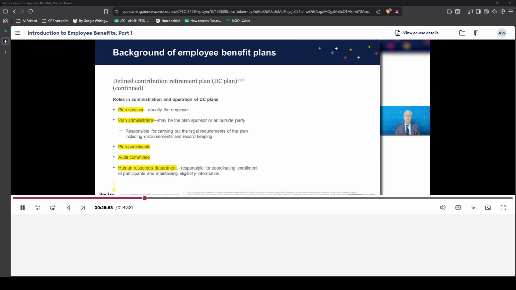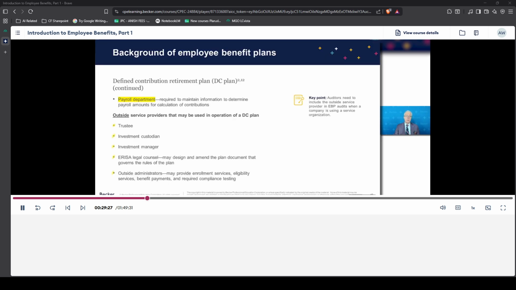Well, the roles in administration and operations of a defined contribution plan. You're going to have a plan sponsor. Usually it's the company, the employer. The plan administrator is maybe an outside party, and they would be responsible for carrying out the legal requirements, including disbursements and record keeping. You have the plan participants, those are the employees. Your audit committee, which would oversee any issues associated with it. Your HR department, which coordinates the enrollment and maintaining eligibility information.